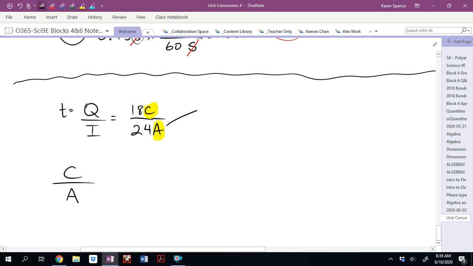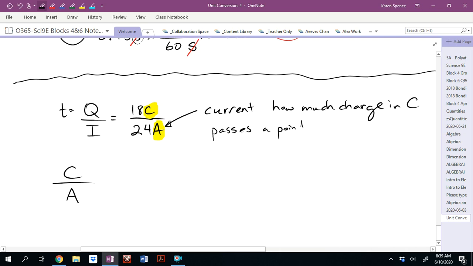And remember, amps is a measure of current, and current is how much charge, which is measured in coulombs, passes a point in a given time.